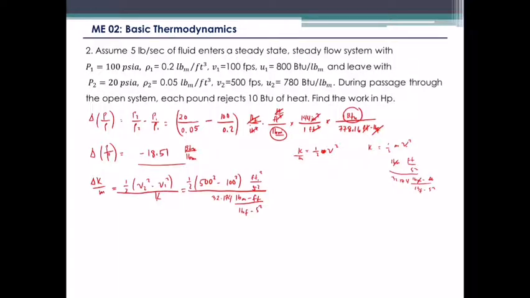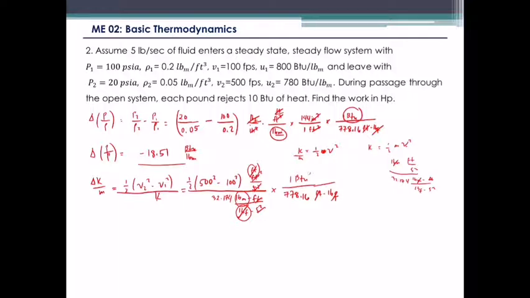Feet per second squared cancel. We have now the unit of foot pound force per pound mass. So we convert it to BTU: 1 BTU is the same as 778.16 foot pound force, so foot pound force cancels.